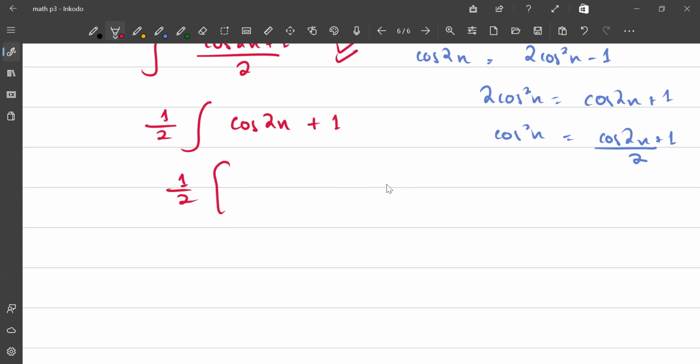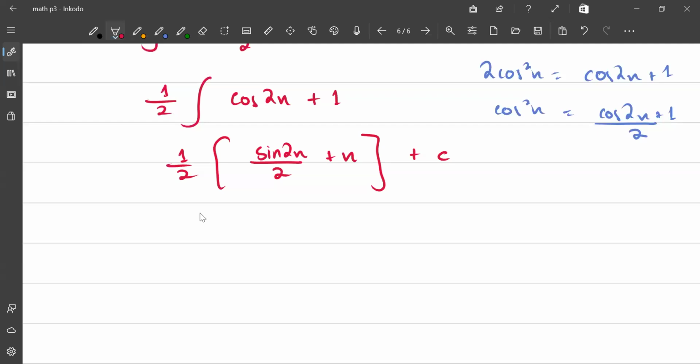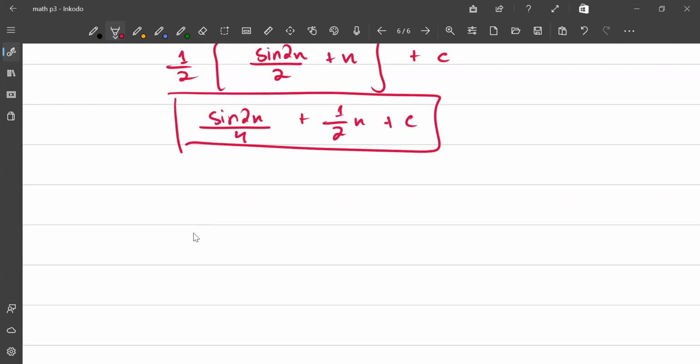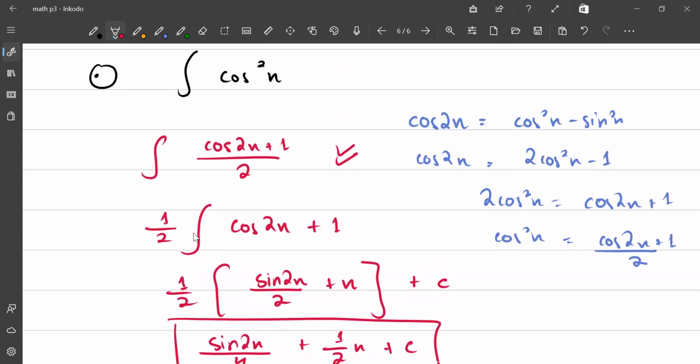The integral of cos 2x is sine 2x upon 2, and this would be x plus c. So it would be sine 2x upon 4 plus 1 upon 2 x plus c. This is how you would do it.